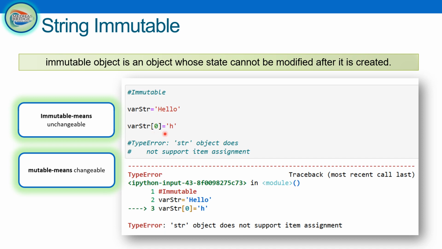When we try to change uppercase H to lowercase h, upon executing of the code snippet, the interpreter throws type error exception because string object does not support to modify state of string once after it is created. However, you may assign another string to same variable.